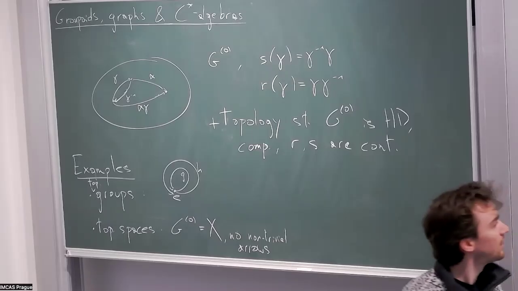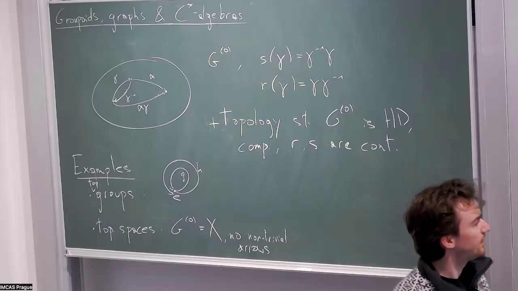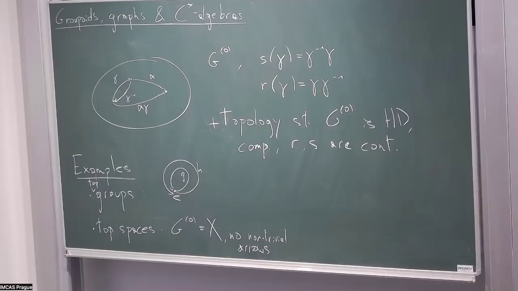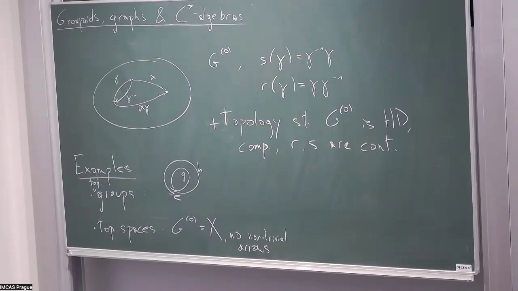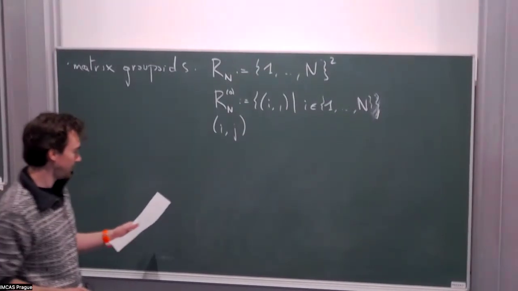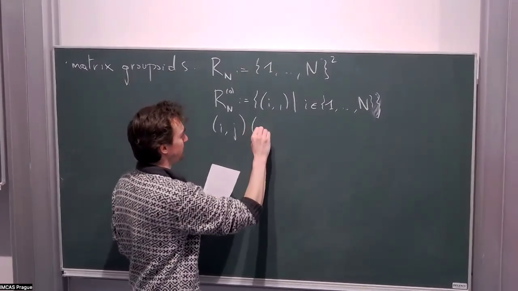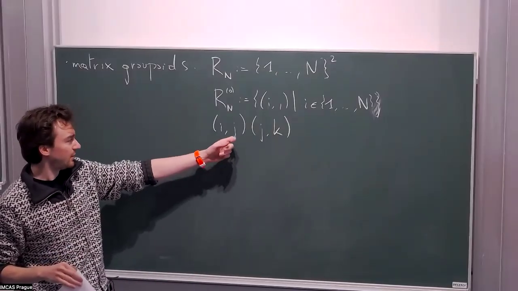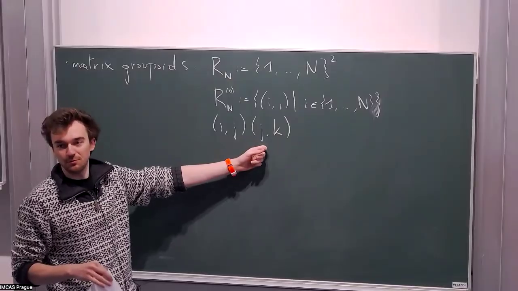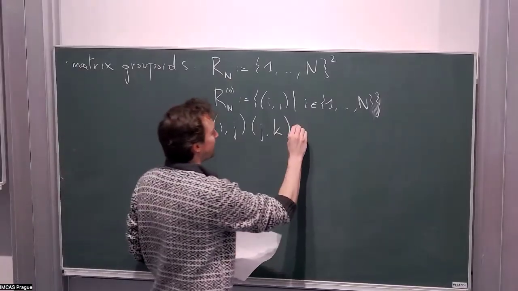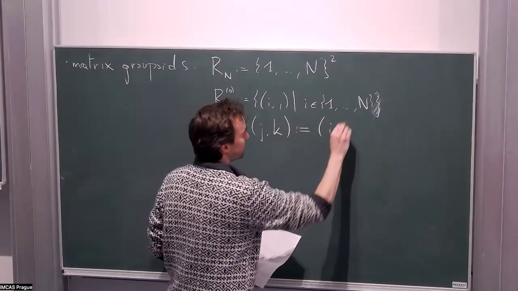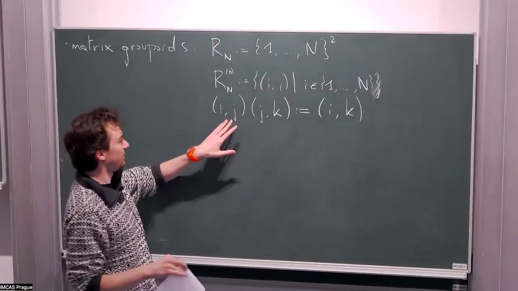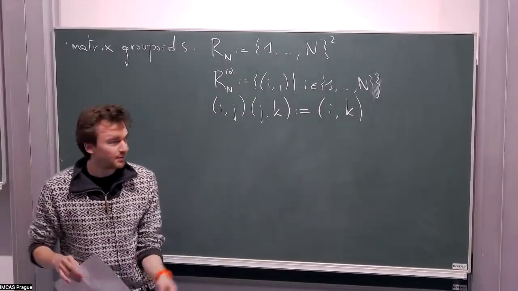And then maybe already the name matrix groupoids might suggest what kind of composition you can define on this set, namely, you only allow pairs to be composable when the second entry of the first equals the first entry of the second, and then you define this as getting rid of the second, or getting rid of the j here and just remaining with this.